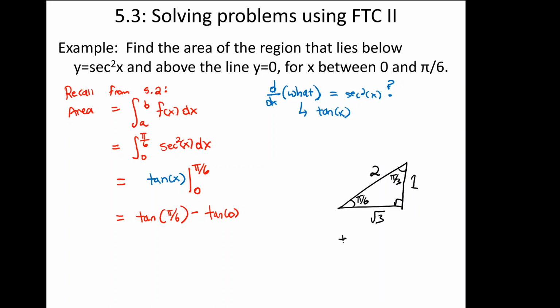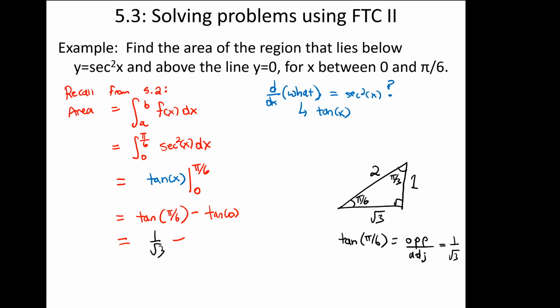This is for if you don't have it memorized, but you do have your special triangle memorized. Tan pi over 6 is opposite over adjacent, which is 1 over root 3. So 1 over root 3.